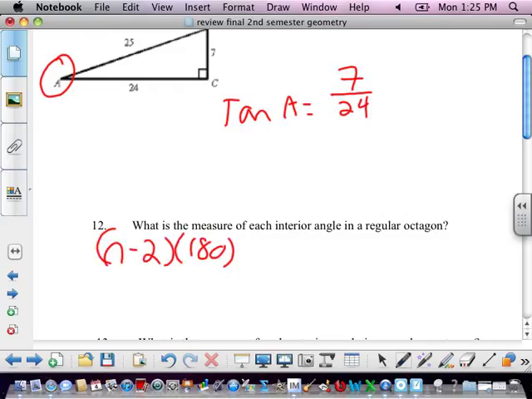But this says each interior angle, so we're going to divide it by what? Yeah, the number of sides, N. I'm just giving you the general formula so that you can plug it in for whatever it is. So I'm going to do 8 minus 2, which is 6. Times that by 180. And then divide that by 8. 135 degrees is each individual angle.